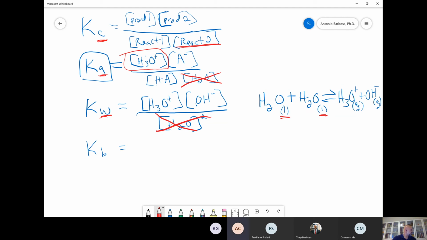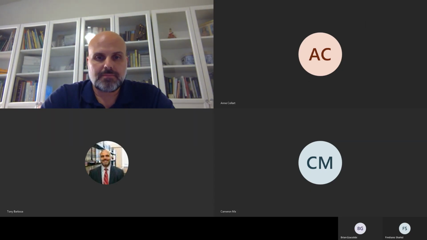Dr. Barbosa? Yep. What about that sheet that was supposed to compare the strength of acids and bases, so we know which way the equilibrium goes? So you're talking specifically about, let me see here. Let me find it.